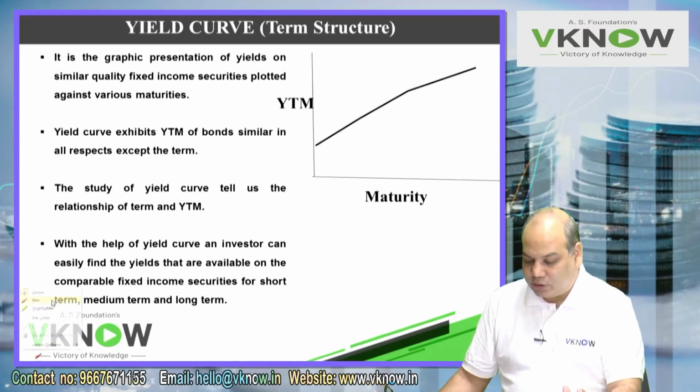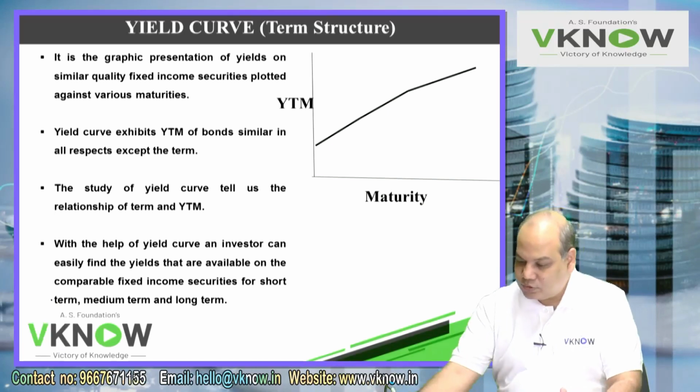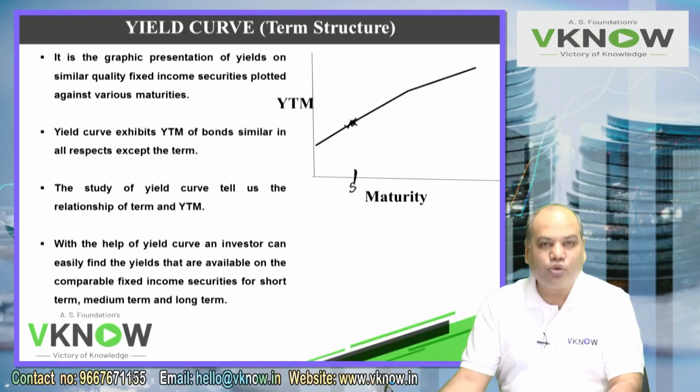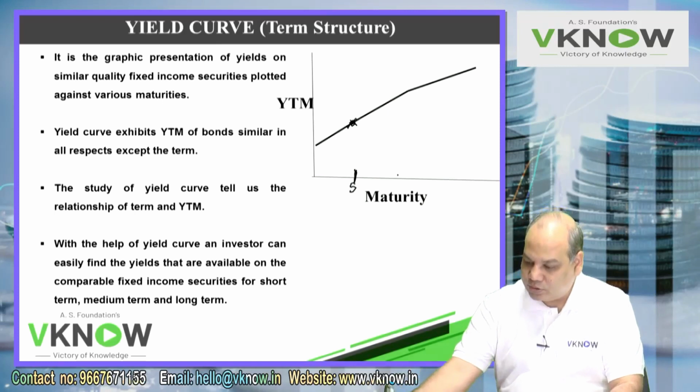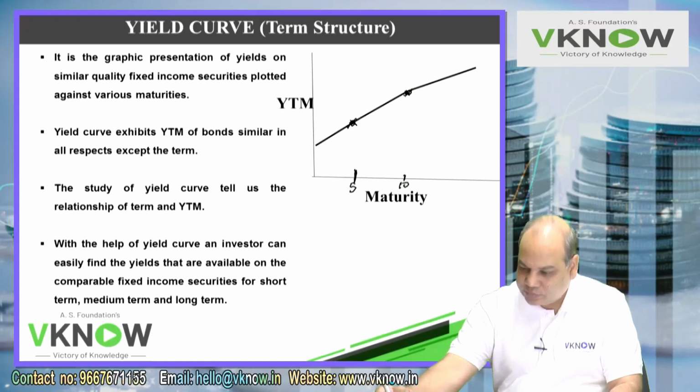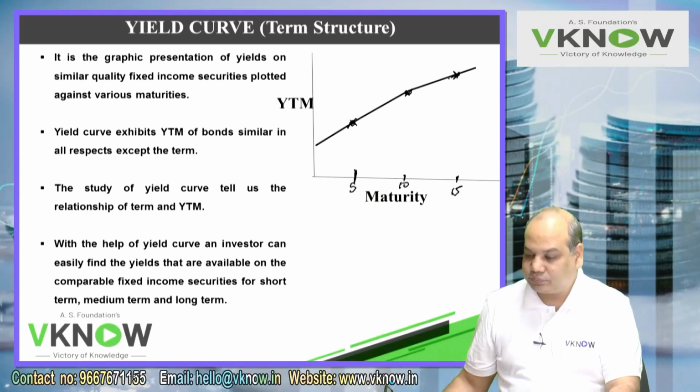Suppose the maturity of a bond is 5 years, we can say this is the ongoing YTM on this bond. If the maturity is 10 years, this is the YTM. If maturity is 15 years, this is the YTM of this bond. So yield curve shows the graphical relationship between maturity and the YTM.